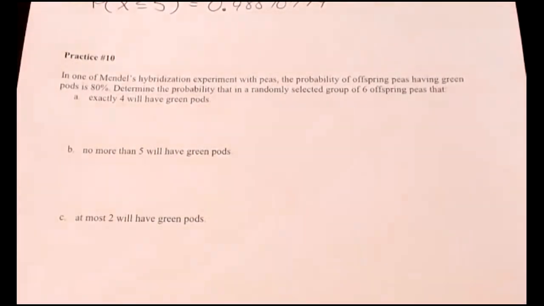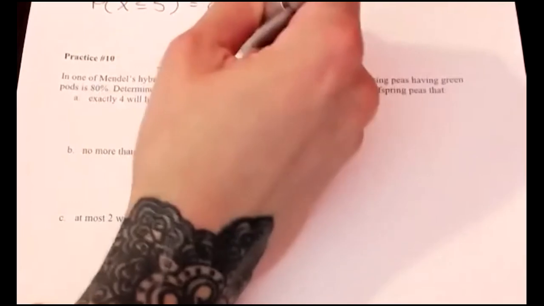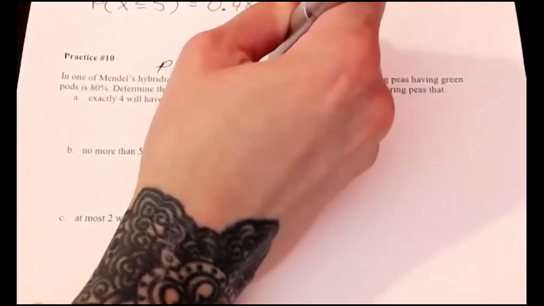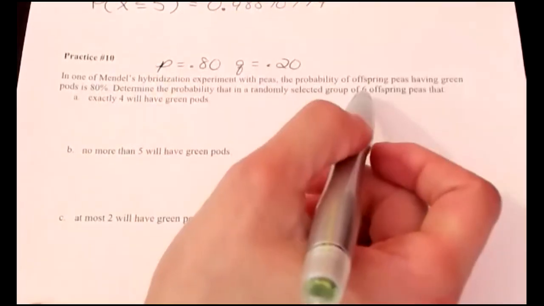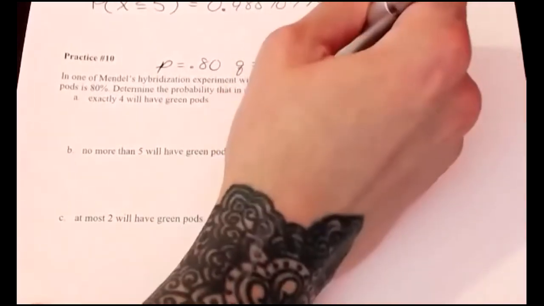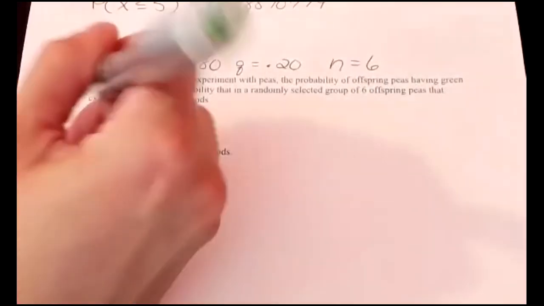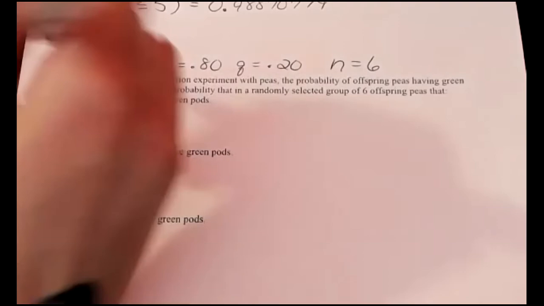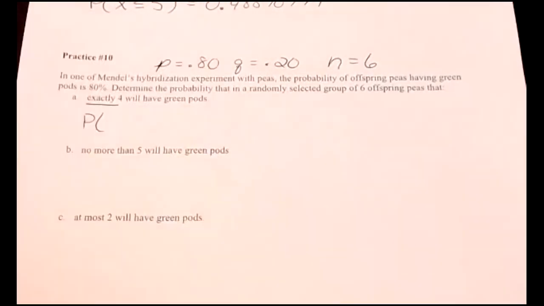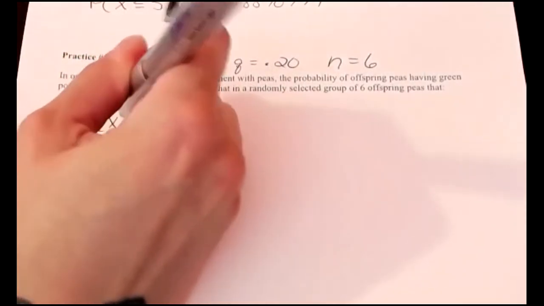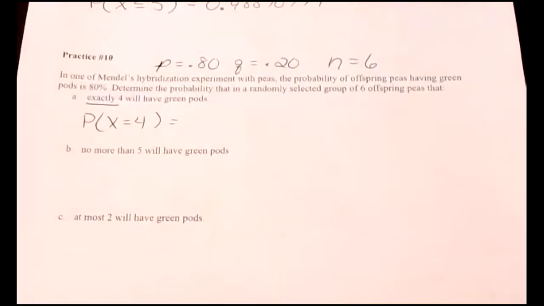Okay, so we know that the probability of success is 0.80, which implies the probability of failure is 0.20. We know that we have 6 offspring peas, so N is equal to 6. We want exactly 4. So the first probability statement we'll write is probability that X is equal to 4. We could use the table or we could use the software. I do want to demonstrate how we use the software because it's kind of fun.